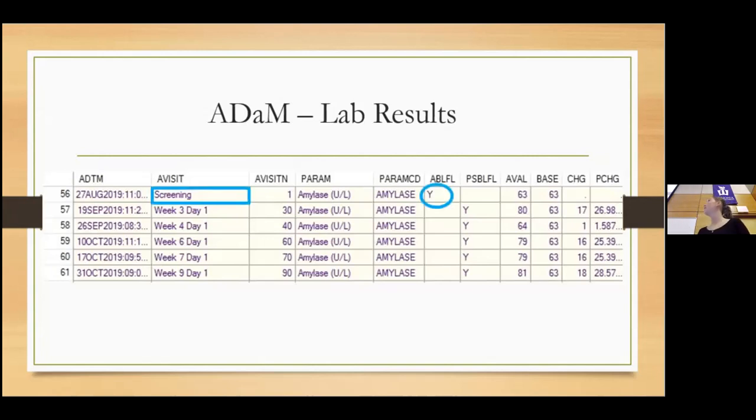The Y is a flag saying this is the baseline value. So that's the screening. And then here, that's the baseline column used as a reference. And then this is a post-baseline flag. So this is just saying, yes, this is a measurement taken after the baseline. And then here is the lab at each visit. And then finally, here's just one of the simple calculations. This is just a change from baseline.